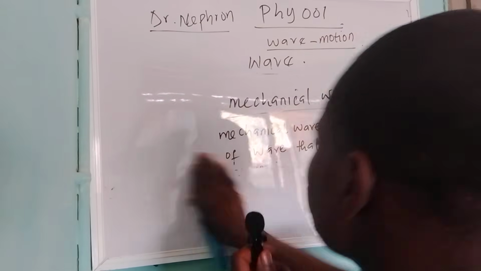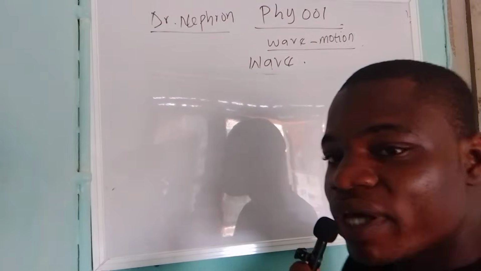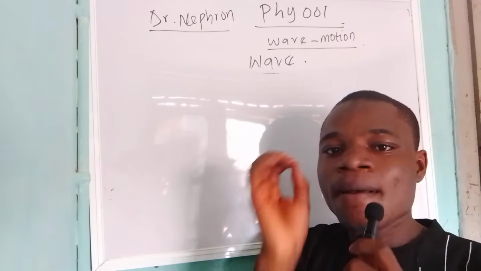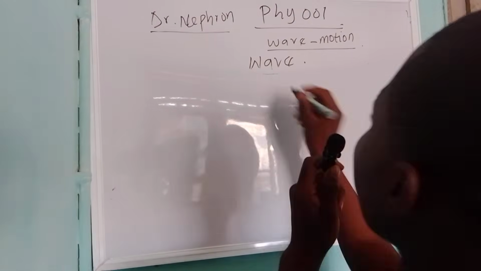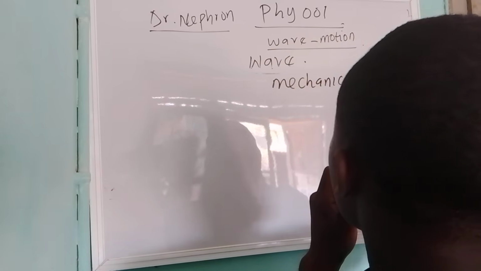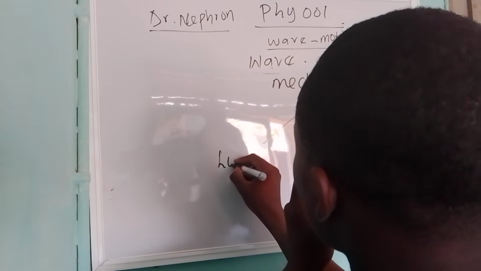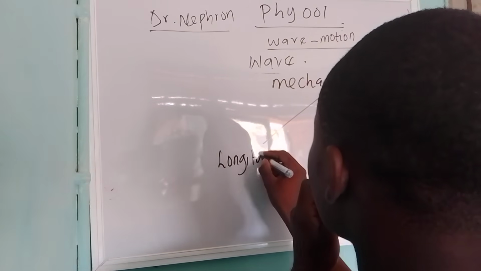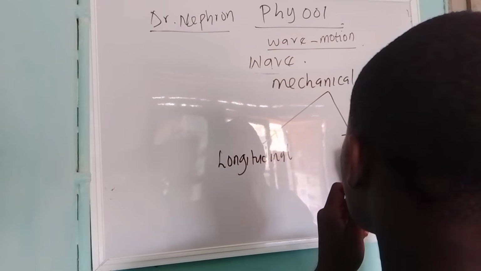Now, our mechanical wave is divided into two. Mechanical wave is divided into how many? Into two. Don't forget, mechanical wave is divided into two. We have longitudinal wave, and we have the transverse wave.